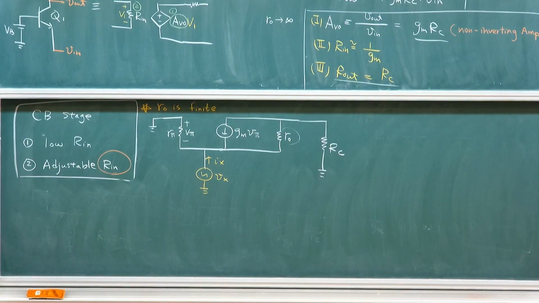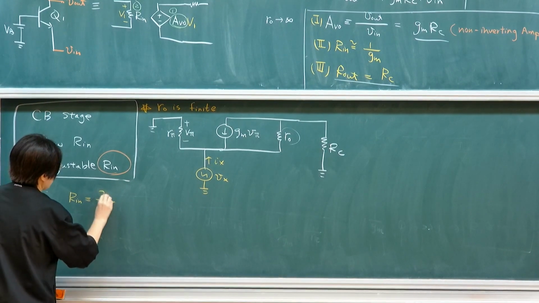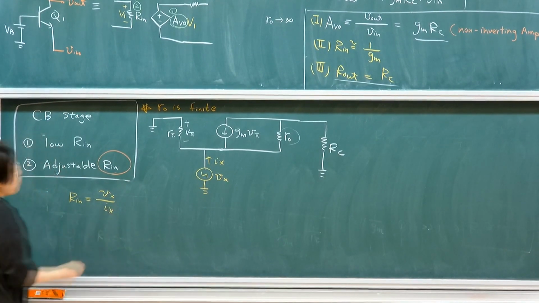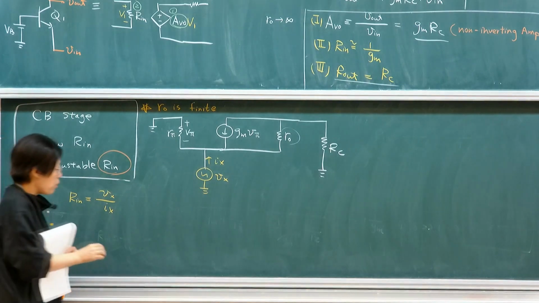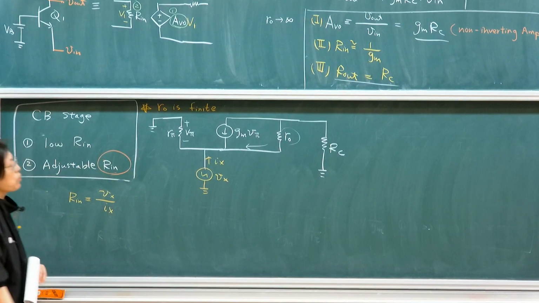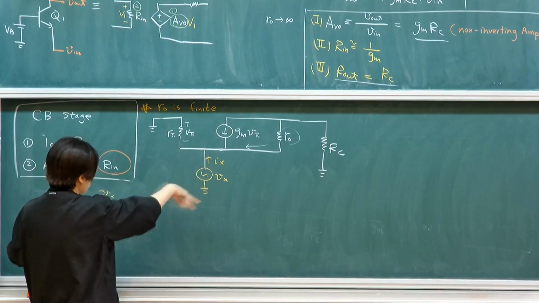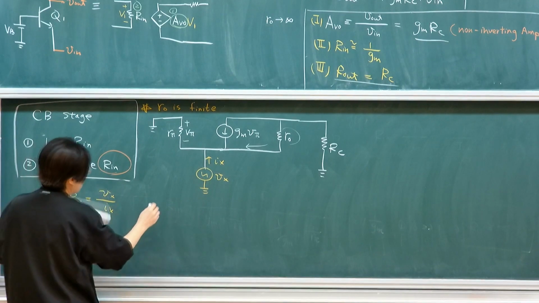Okay? So what you do is that you find out what is the Rin, defined as Vx over Ix. The problem is that you would then have additional current coming in from here. This will then lead to certain complication. But let me just give you the results. You just do the same exercise, you should get the results.